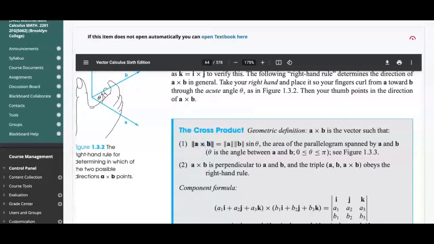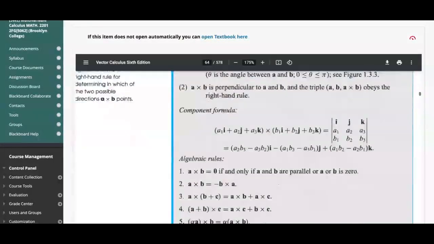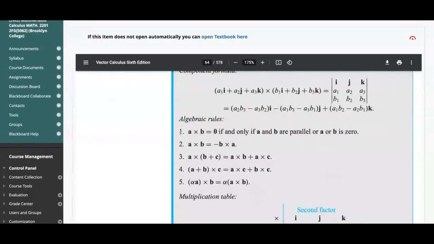So the length of the normal vector A cross B equals the product of the lengths of this vector and the second vector multiplied by sine theta. A cross B is the zero vector if and only if A and B are parallel.